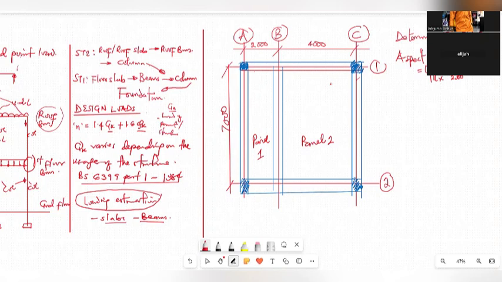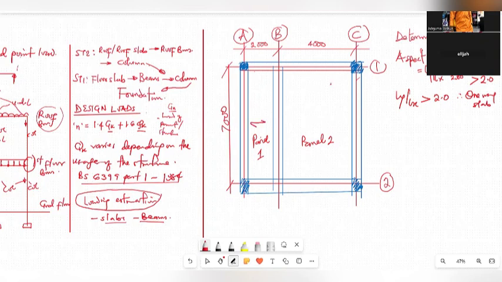Because what we have here is greater than 2.0, from our background knowledge, when Ly over Lx is greater than 2.0, it is a one-way slab. Yes. So that's why this will be a one-way slab.